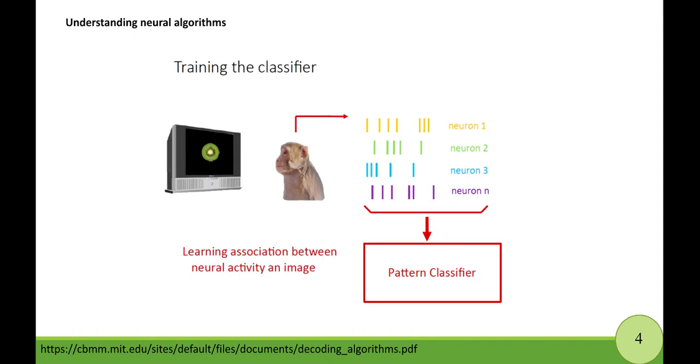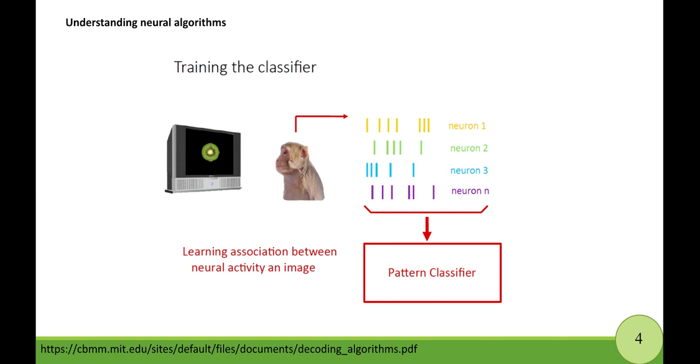Imagine we have a monkey and we're showing it an object, a kiwi in this case, and we measure the neural activity in the IT section or any other region that we're interested in. As I said, imagine this is IT, and we measure the neural activity of all the sensors that we implanted.